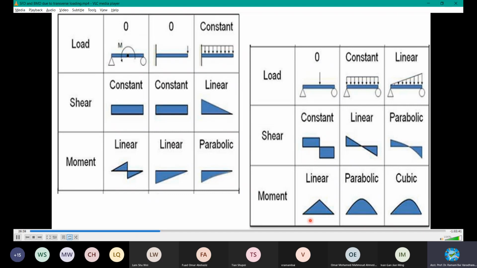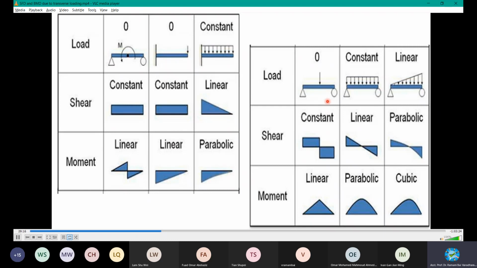The corresponding moment will start from here. Moment is zero here because simply supported can move freely, no resistive moment offered by the material. It keeps on increasing because as you go inside, the distance is increasing and the load is also there.